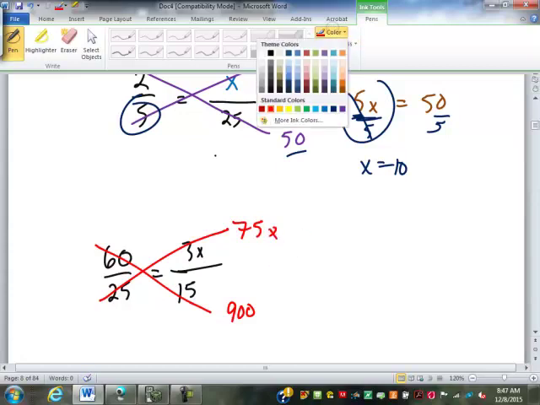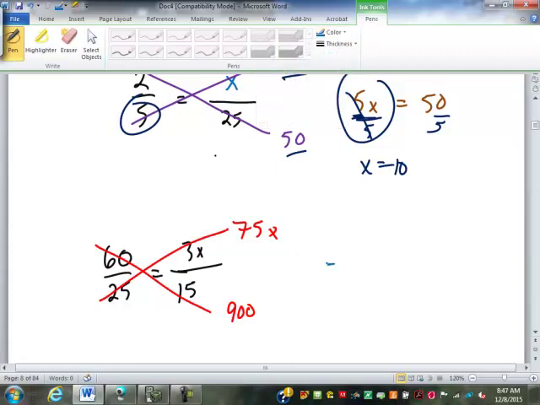So now what we have is an equation. 75x has to equal 900. And then divide by 75. X equals 12.